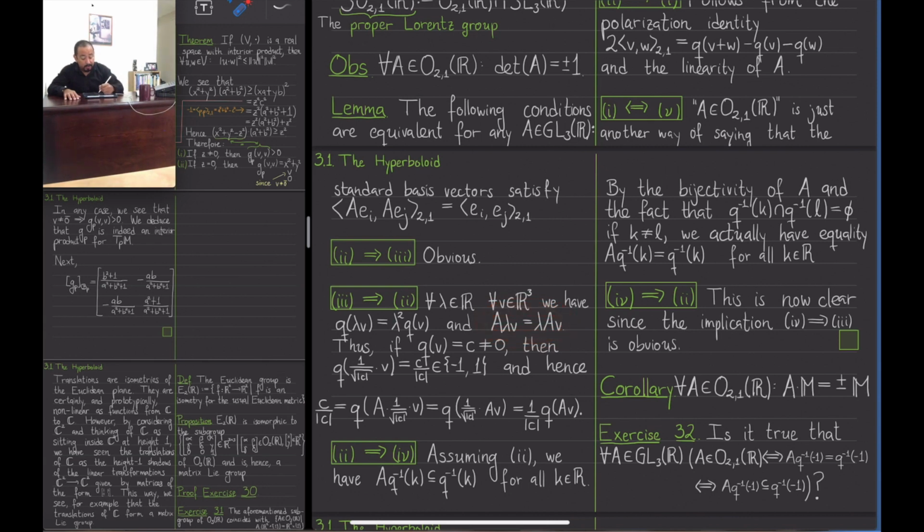So if we take this value, if Q of V is C, then Q of this one is, because of this, equal to, the square comes out, so it's 1 over the absolute value of C times Q of V. But Q of V was C, so this guy is in {1, minus 1}.